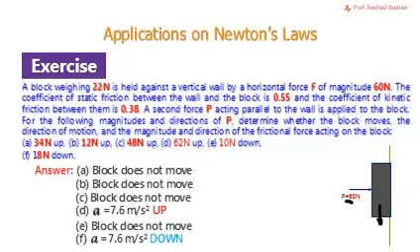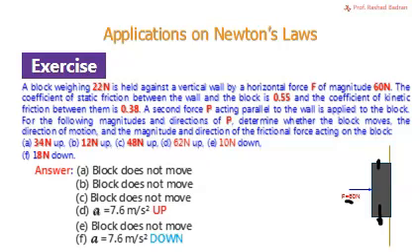In part A, it's given that B is 34 newtons up. For part A, the expected answer is the block does not move. So you should solve the problem and decide why it does not move.